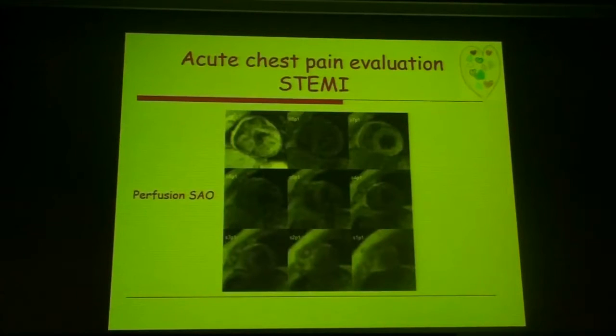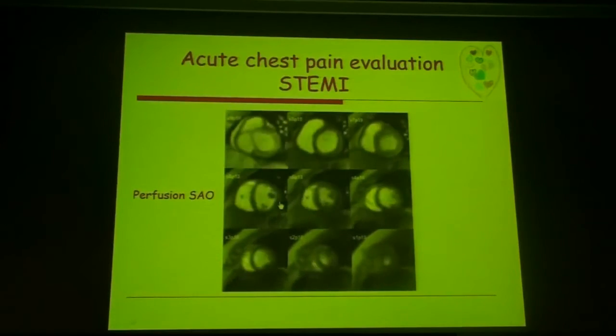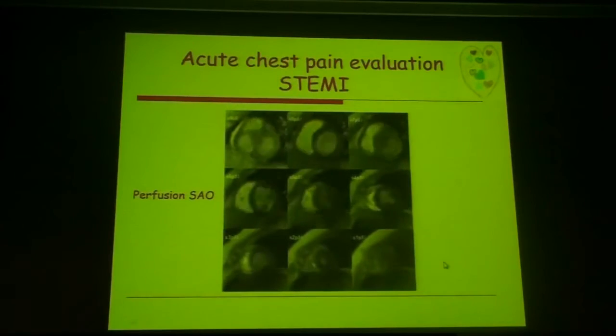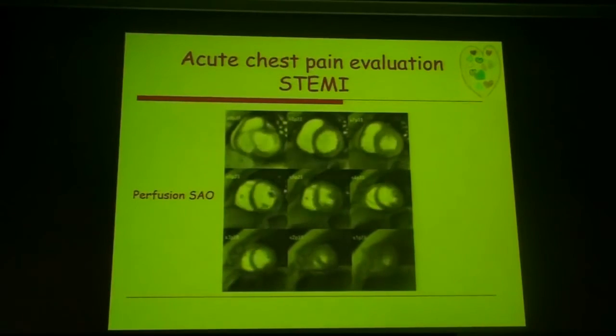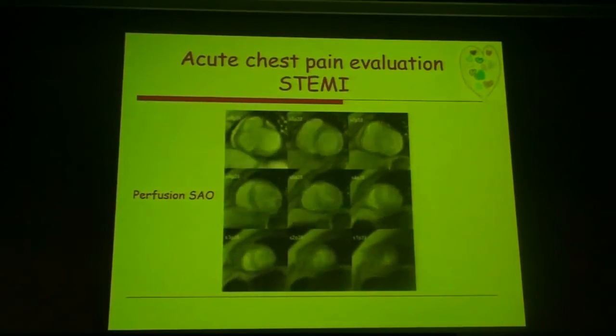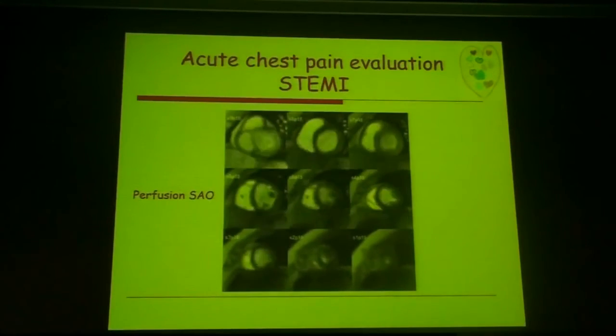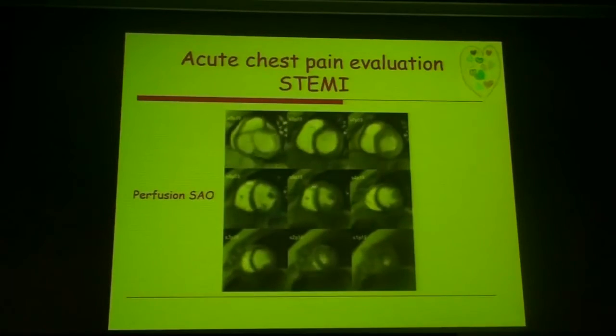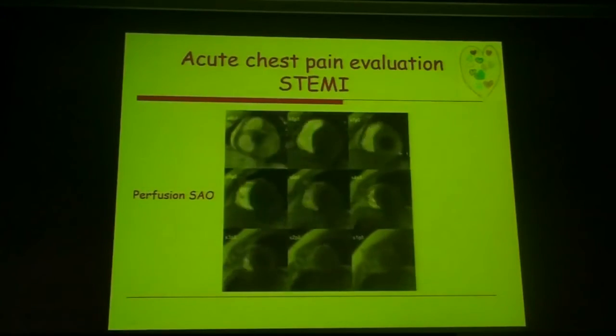Okay, we're continuing to the first pass perfusion images. These images are a bit jittery, and the reason that they're jittery is that it takes us a bit over a minute to acquire it, as was previously mentioned, and the patient cannot breath hold for the whole scan. Still, we can see very nicely how the contrast enters the right ventricle, then enters the left ventricle, and then enhances the myocardium.